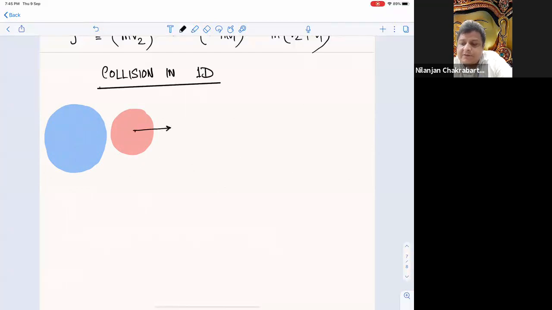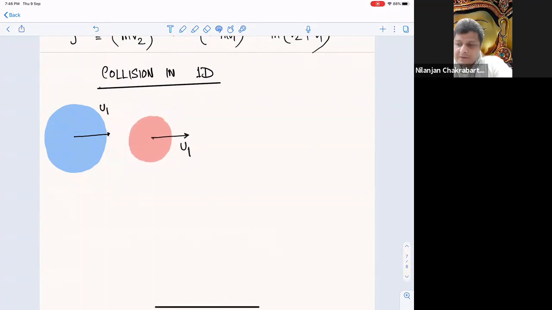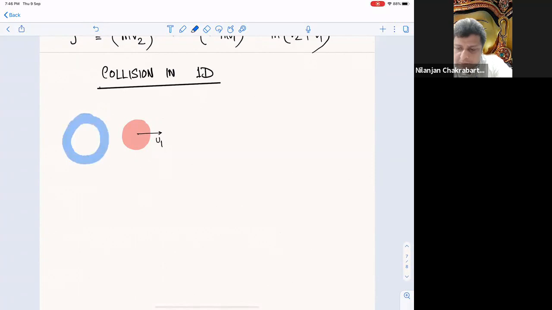Just before collision, this is moving at velocity u1 and this is moving at velocity u2, and this is having mass m1, this is having mass m2.